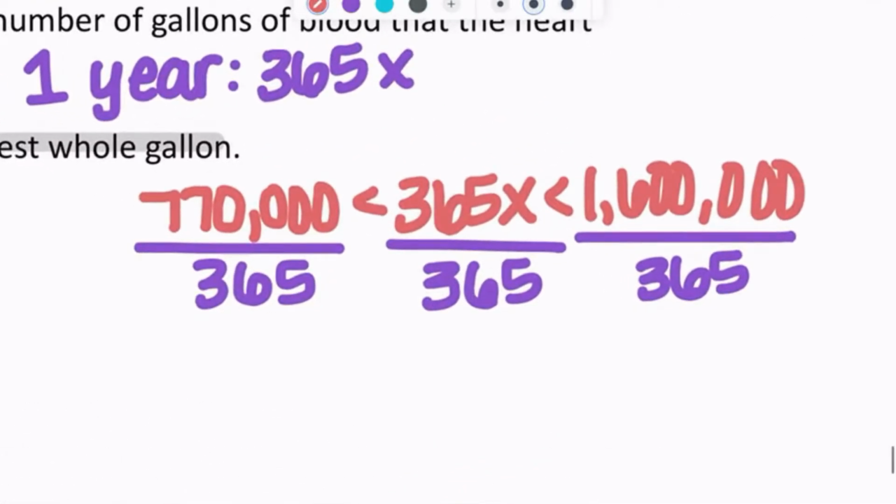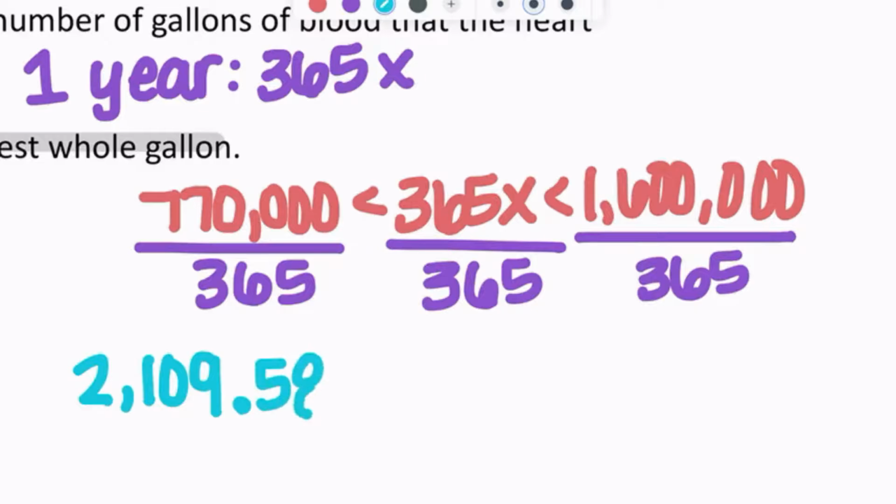So before I round anything, I'm going to write exactly what I get. 2,109.589, okay? Normally, I am not going to have a decimal like that, but because it tells me to round, I need that. This is the exception to the rule.